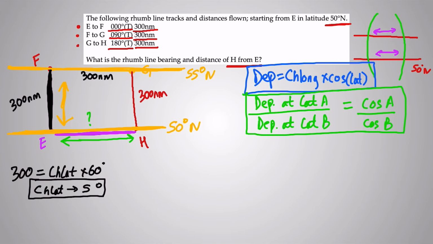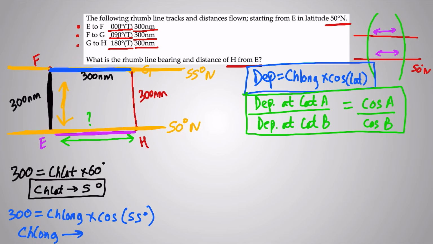So the other latitude will be 55 degrees north. Now the next thing that we know is that this rhumb line distance or departure is 300 nautical miles. So I'll use the formula which says 300 nautical miles equals change in longitude into cos 55 degrees, because I have the latitude now. If I find the change in longitude, it will come out to be 523 minutes.